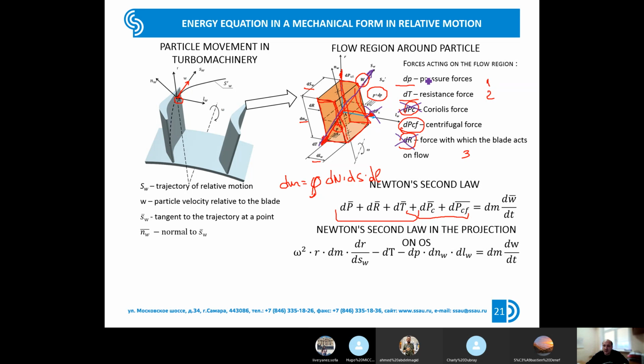So about the pressure. About the forces from the pressure, like in the case of the Bernoulli equation, we find the force which impacts this side of the brick and the force which impacts this side of the brick. Other sides of the brick do not create a projection onto the axis w.